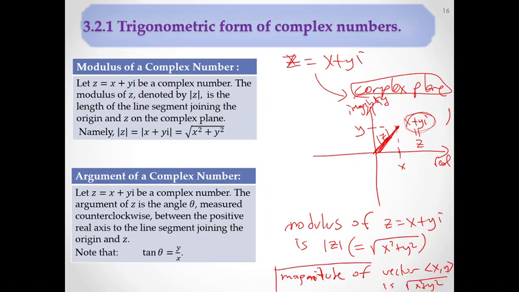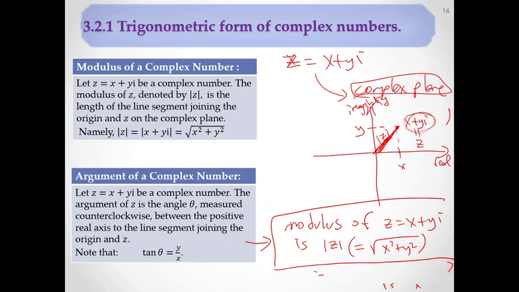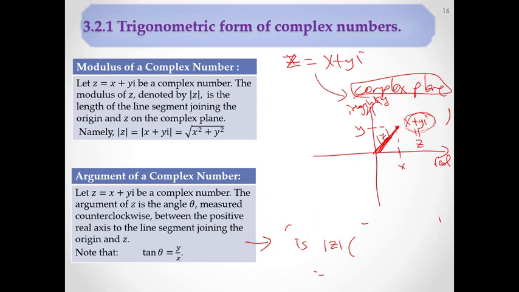In vectors we said this is the magnitude, but here we say the modulus of z equal to x plus yi. Mathematically they're the same, but here we are dealing with complex numbers, not vectors. Geometrically, though, you can think the same way, in terms of lengths.